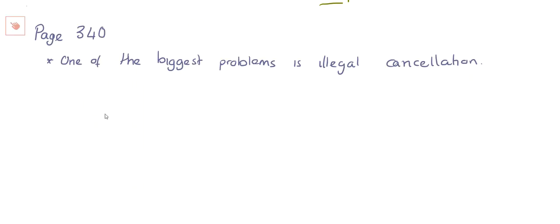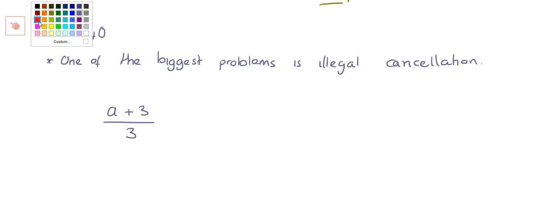Right? So if we have a look at this example, a plus 3 over 3. So we have an algebraic fraction because it's a fraction and it's got a letter in there. Now, if you think of it as just crossing out numbers on top and bottom, you'll think, oh, well, okay, I've got a 3 on the top and a 3 on the bottom, so I can cancel it out.